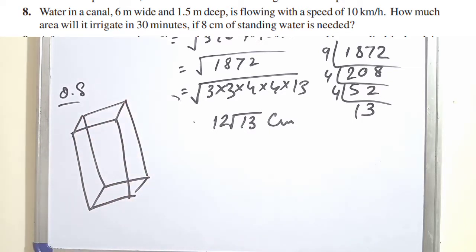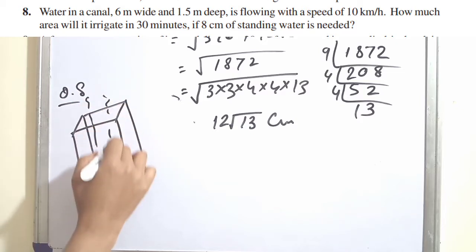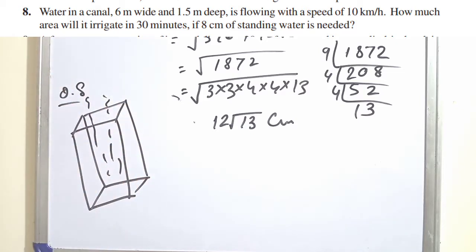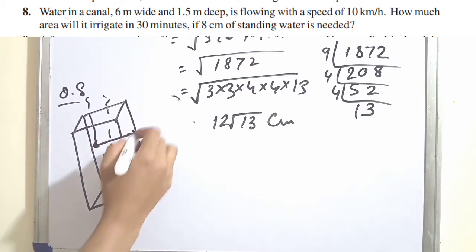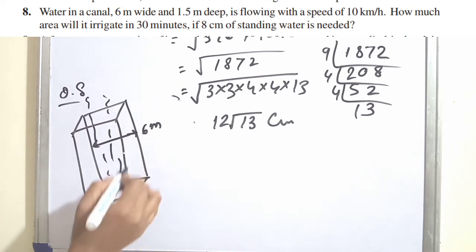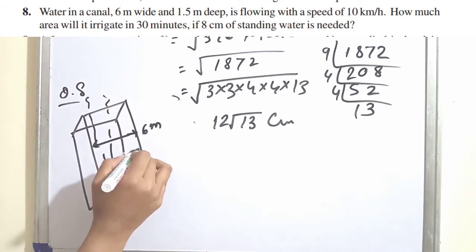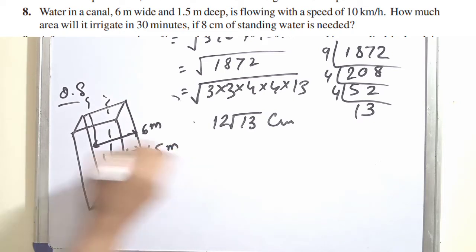Water flows inside it, and given that 6 meter wide, that means the breadth of this canal is 6 meter, and the height of this canal is 1.5 meter.